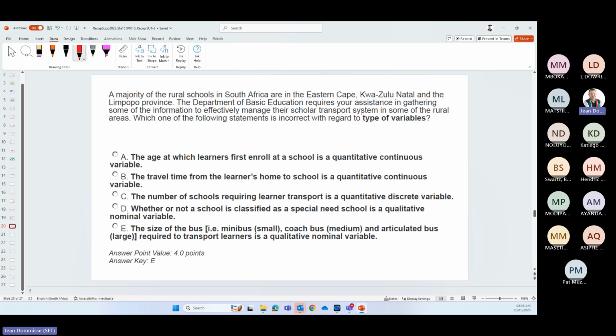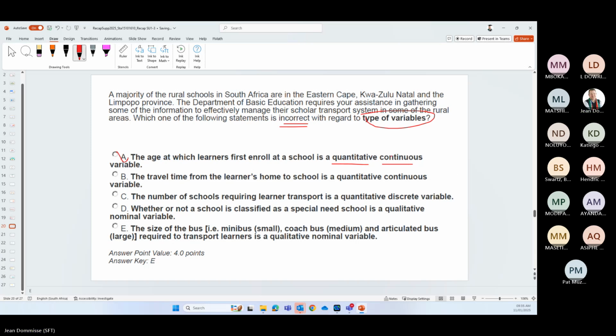Okay, so now we go to type of variables and incorrect. Okay, so the age at which learners first enroll at school is quantitative continuous. This is a bit of a tricky one again.